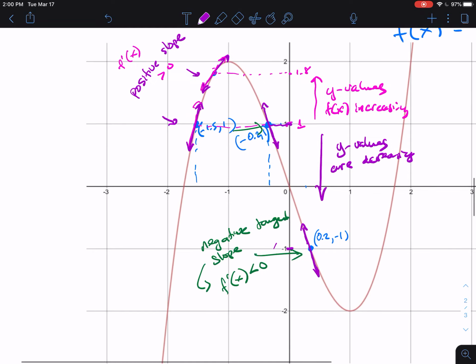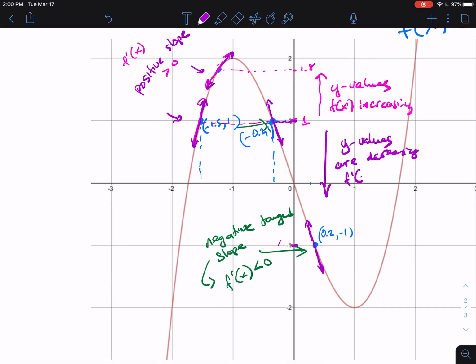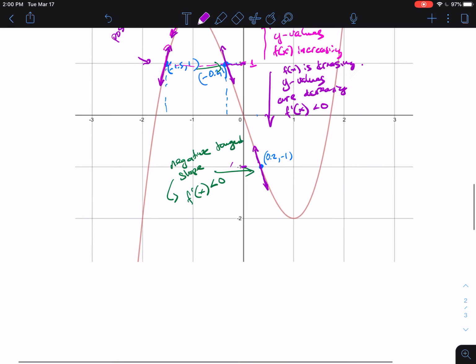Meaning that if f prime of x is negative, meaning less than 0, then the function values are decreasing, or f of x is decreasing. I think I spelled that wrong.